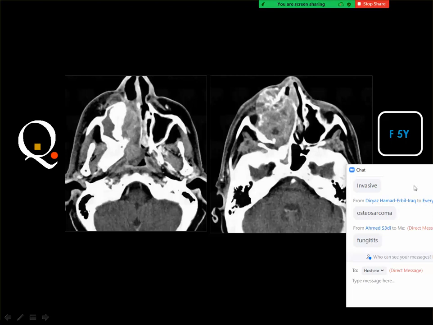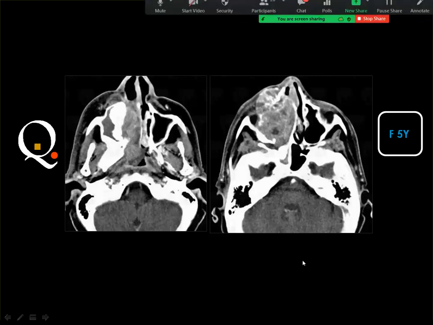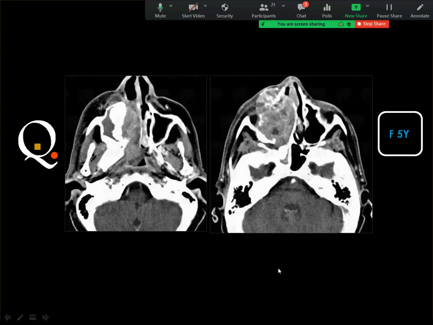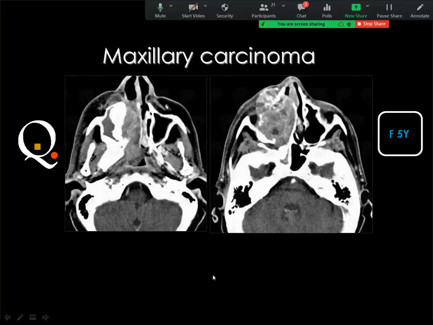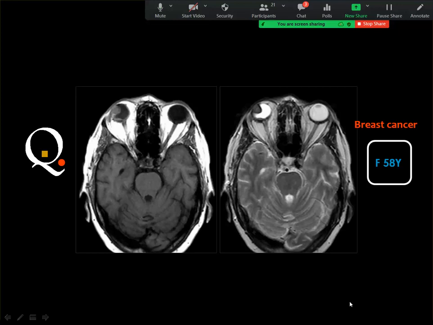Actually, this is not fungus because of the aggressiveness of the mass and the heterogeneous enhancement with the destruction of the surrounding bones. Then, whenever you feel that this mass is malignant, you consider first possibility carcinoma, and you look for the anatomic location of the lesion, maybe the ethmoids, maybe the maxillary sinus, and this was the maxillary sinus carcinoma, which has extended into the nose and some part has involved the nasopharynx.